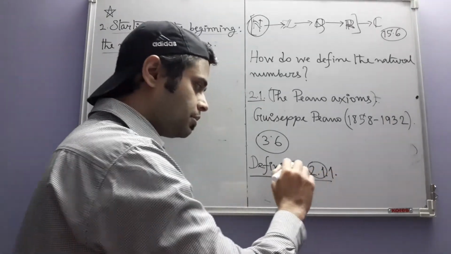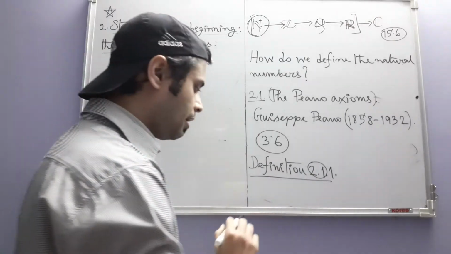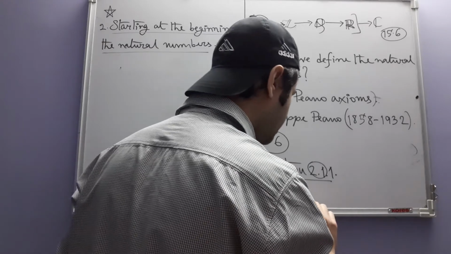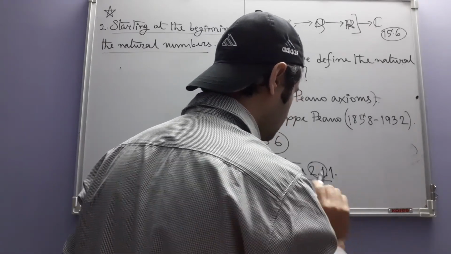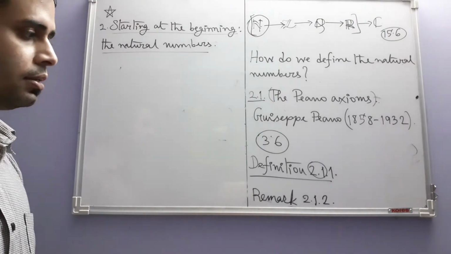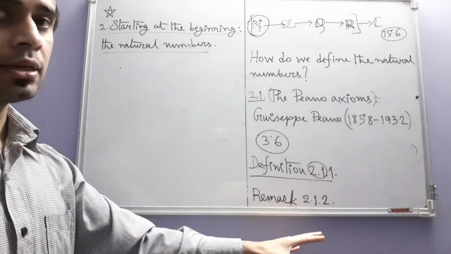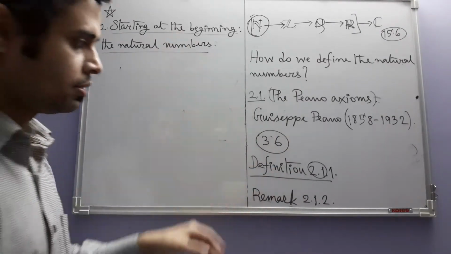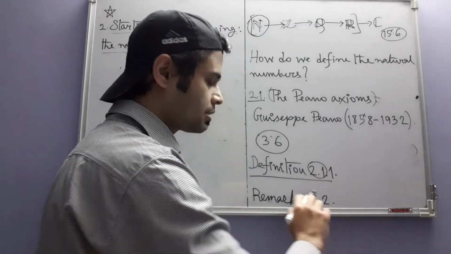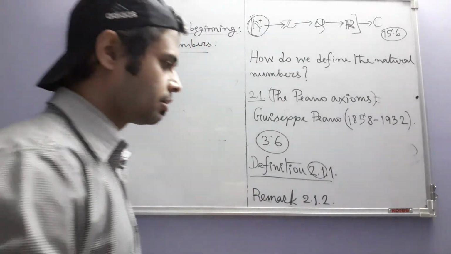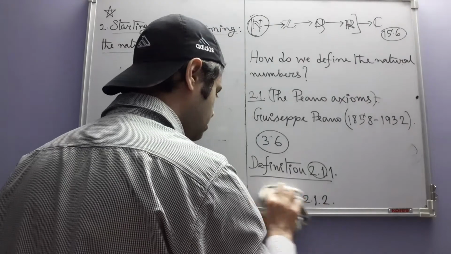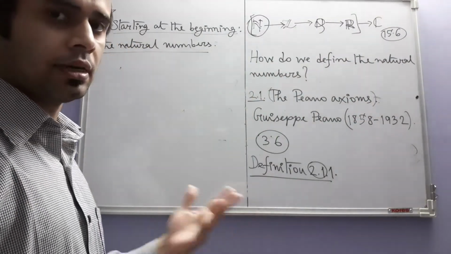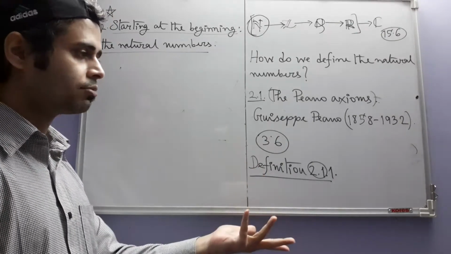After definition 2.1.1, I will have a remark, and that remark will be numbered Remark 2.1.2. It does not mean it's the second remark. It just means it's the second item in section 2.1. So the definition is the first item, the remark is the second item. That way we are going to number the items, and we need this numbering because it will help us refer to these things later when we need them.